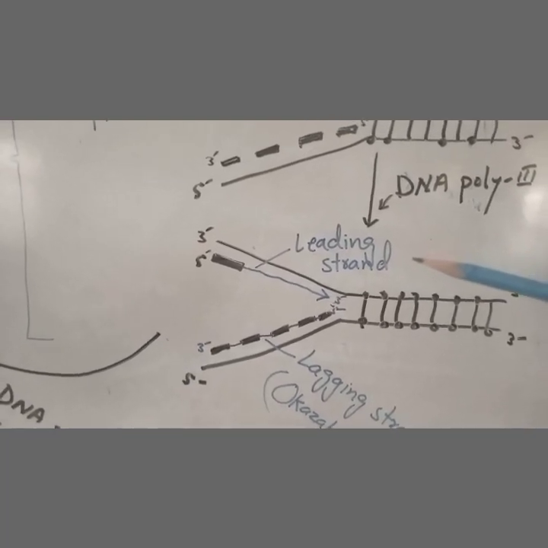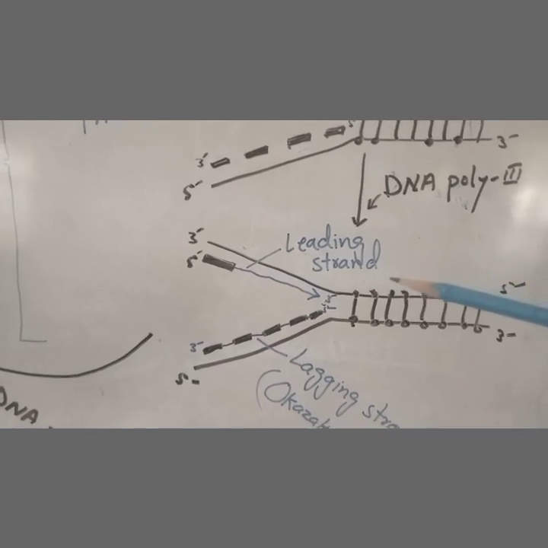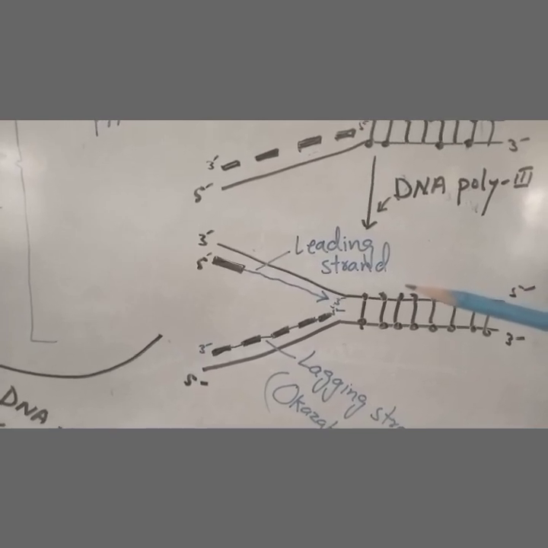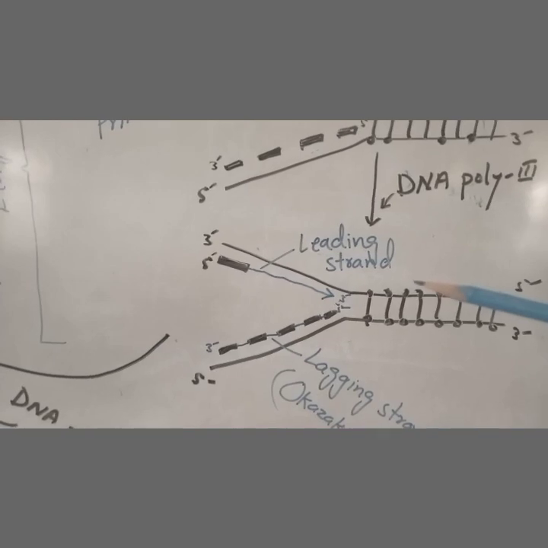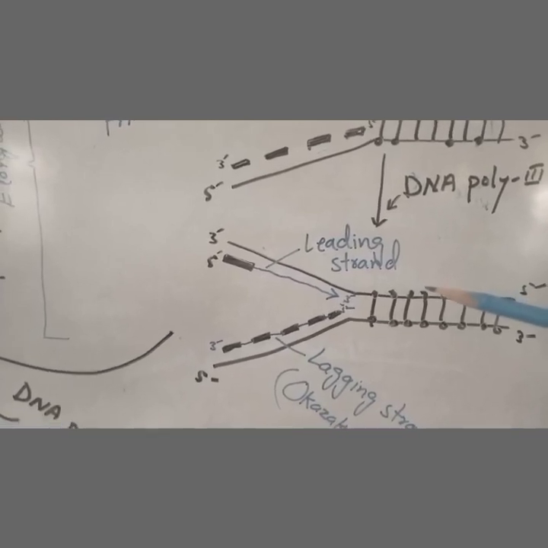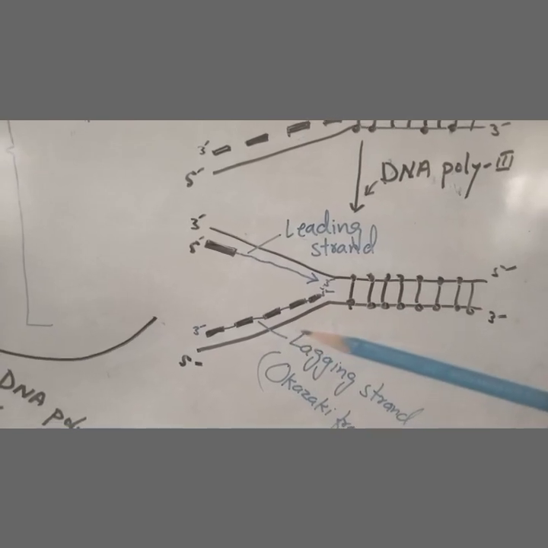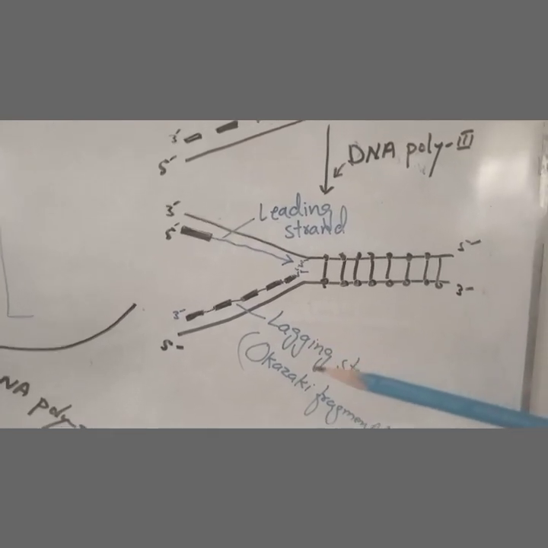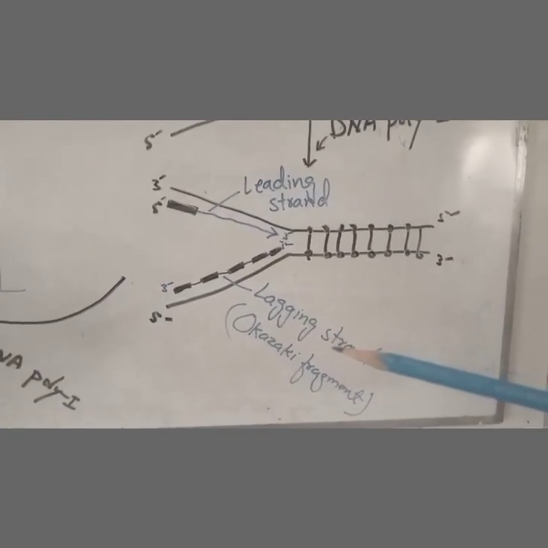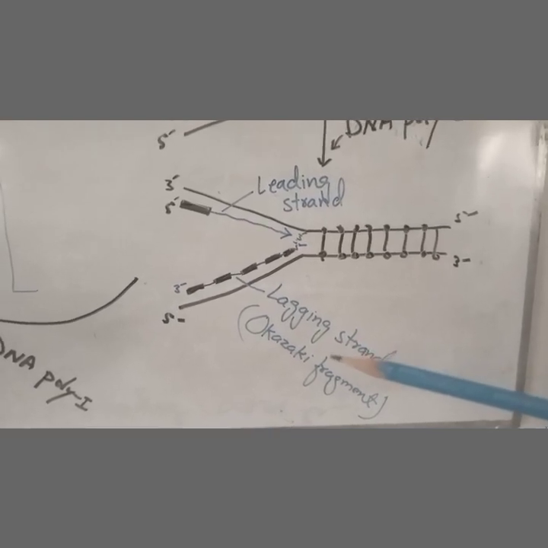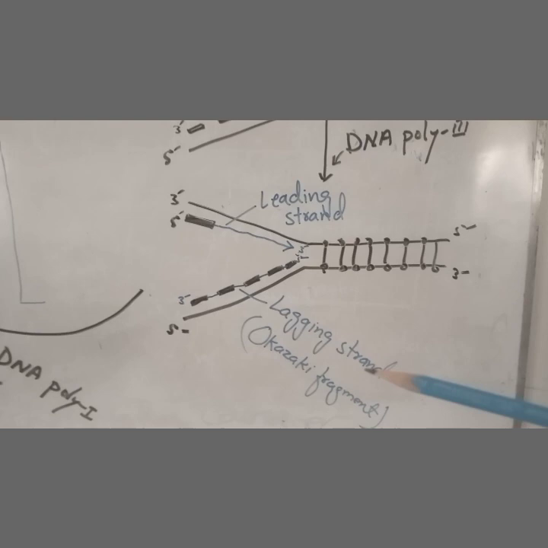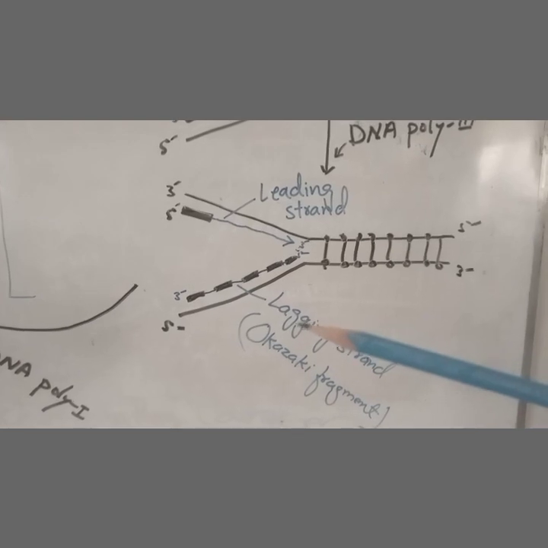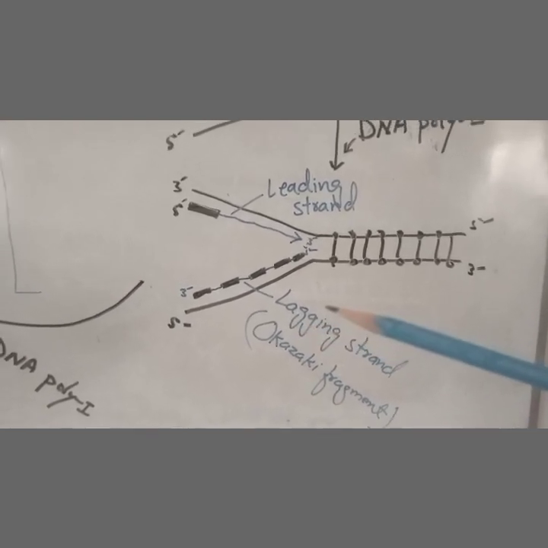While the second unit works on the other template and synthesizes another daughter strand away from the replication fork, as the 2 units are interlinked, the second unit is allowed to polymerize the daughter strand. The strand polymerized by the second unit is called the lagging strand, also known as Okazaki fragments, because these fragments were discovered by Reiji Okazaki.